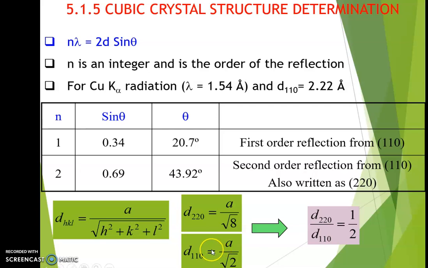D110 will equal a over the square root of 2, with h, k, and l being 2 squared plus 2 squared plus 0, so we get root 2. If we divide d220 by d110, we get 1 over 2.